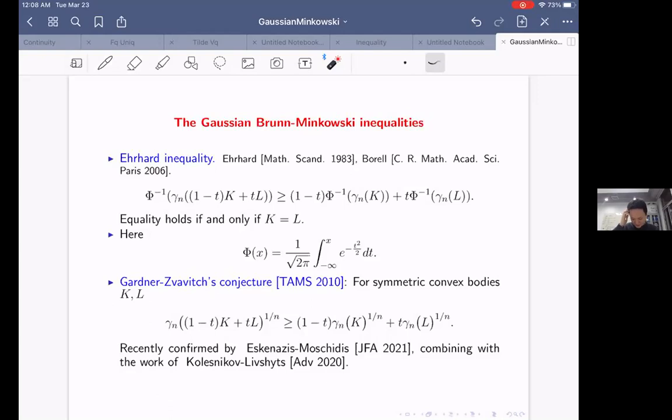They conjectured that for symmetric convex bodies, gamma n to the power 1 over n is concave, and it was recently confirmed by Eskenazis and Moschidis, and their work was combined with the work of Kolesnikov and Livshyts to confirm this conjecture.